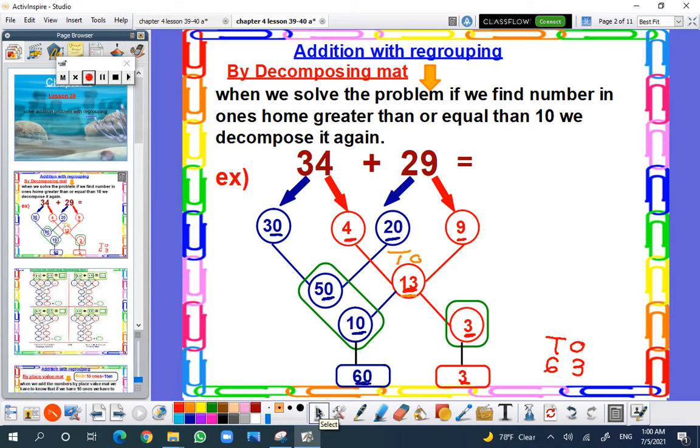So the number should be 63. So 34 plus 29 is 63. So again, in decomposing math, by regrouping, if we find the number in the one's home or the red ball greater than 9, we should decompose it again. Then add the tens together and write the ones.